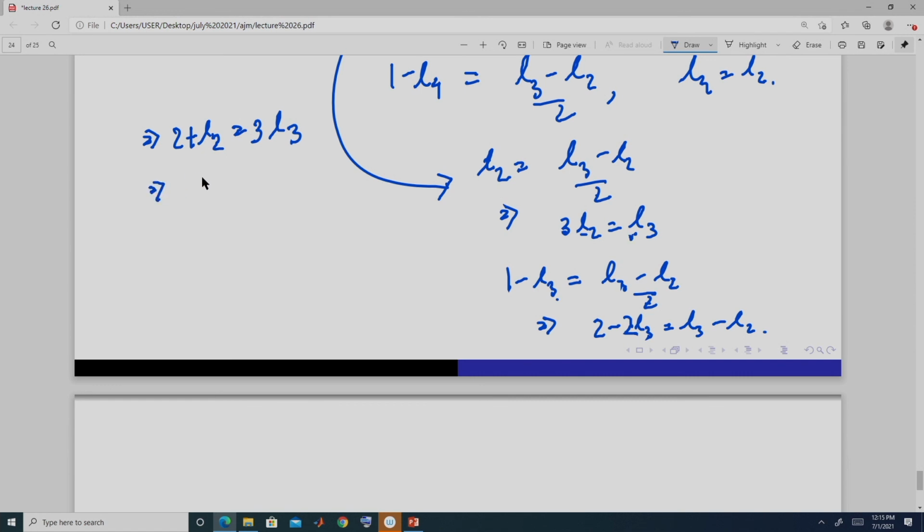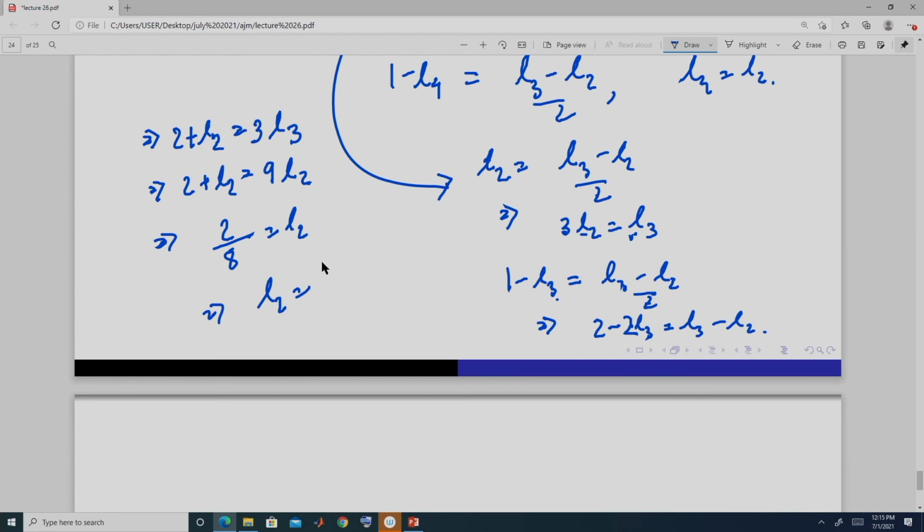So, we get L2 in 3. So, placing here, it will be 9 L2. So, this is equal to 2 by 8 L2. So, L2 is 1 by 4.